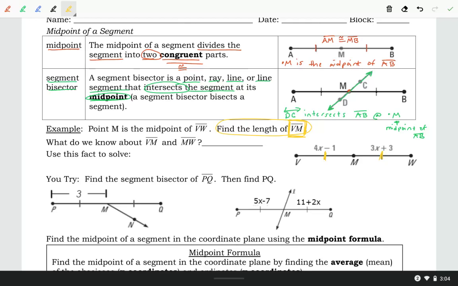So we know that VM is congruent to MW. Now remember, congruent means that they're equal in all ways. So we can set them equal in an equation.